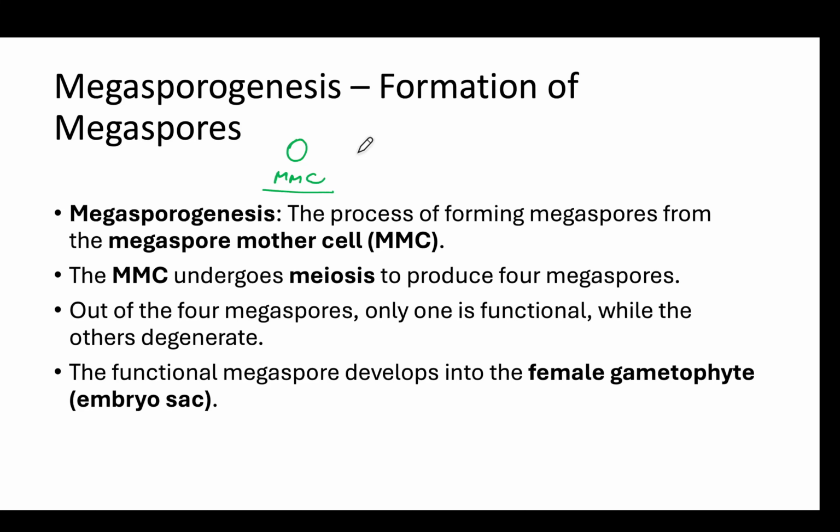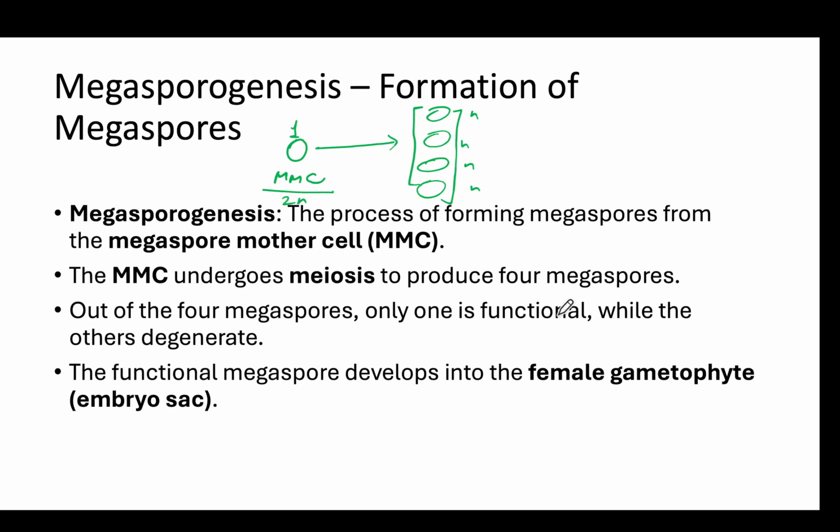Now what will this megaspore mother cell do? It will undergo the process of meiosis. Meaning what? It will divide mitotically? No. In a haploid way. So this cell undergoes meiosis division. Meiosis means haploid division. So from a single cell, 4 cells will be produced, and all of them are haploid. Let's say the megaspore mother cell is diploid. These 4 cells are not diploid, they are haploid. Clear? Now there are 4 cells.